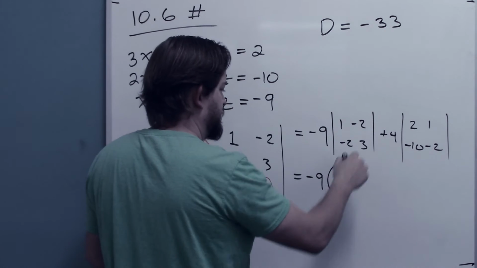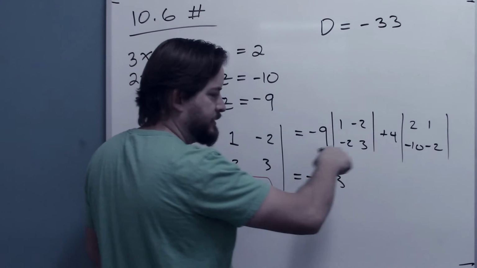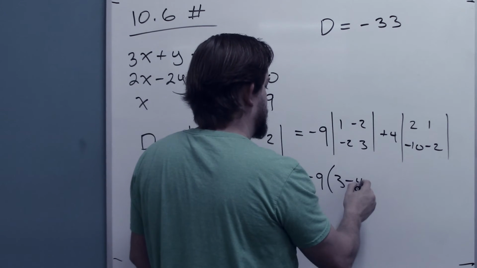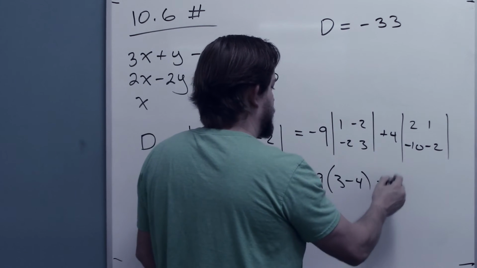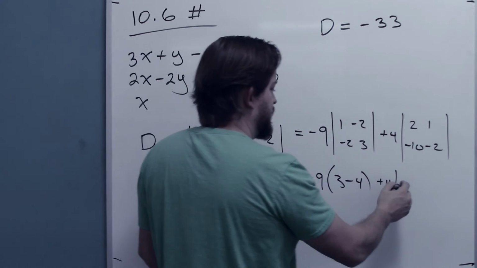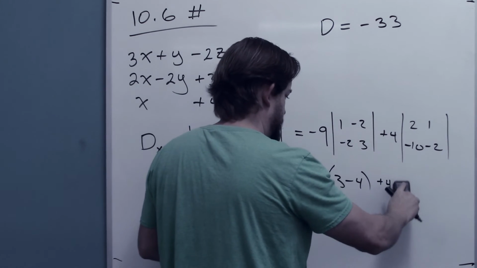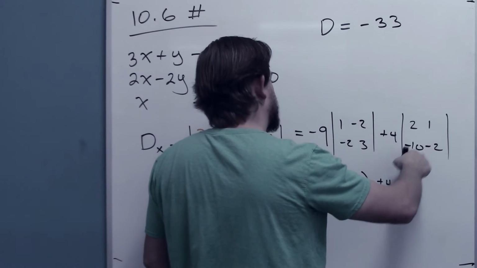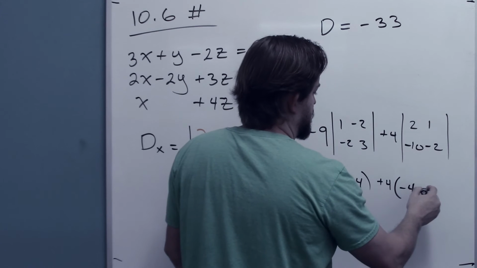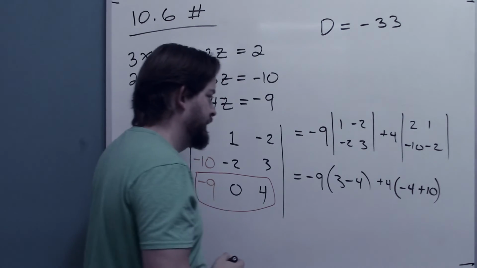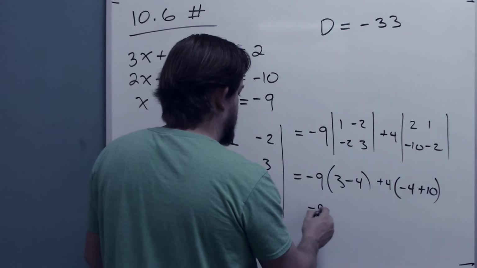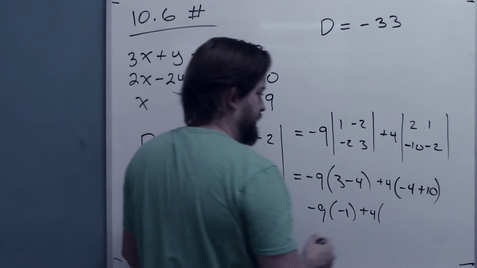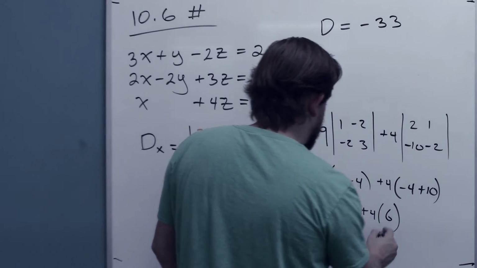So that is -9 multiplied by 3, minus, 3 minuses, goes back to minus, so minus 2 times 2 is 4. Plus 4 times 2 times -2 is -4. Minus 10, so plus 10. So this is -9 multiplied by -1 plus 4 multiplied by 6.